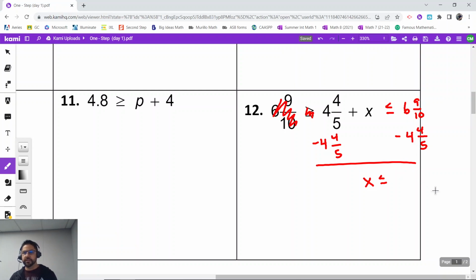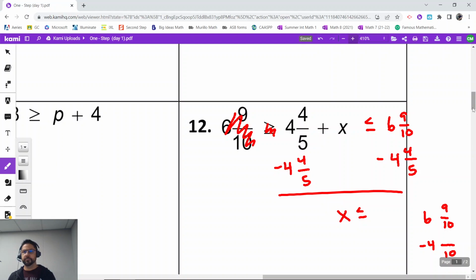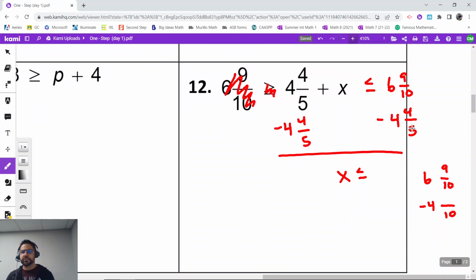All right, so I'm running a little space over here so I can bring it down. 6 and 9 tenths, subtract 4 and something tenths. So remember, 5 times 2 is how I get the 10.